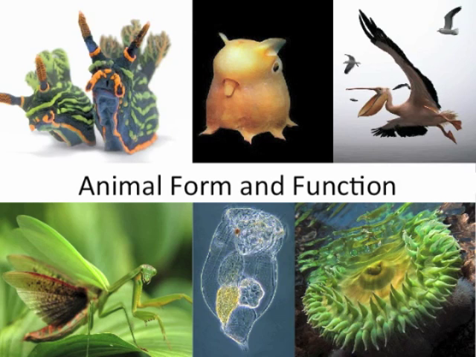There are lots and lots of different body plans that make up animals. Animal evolution has led to diverse forms. There are flying animals, there are swimming animals, animals that are almost attached but can move. There are clear animals, there are very colorful animals, there are lots of different forms.